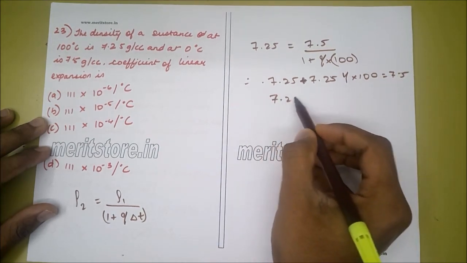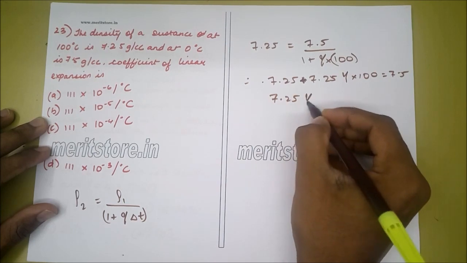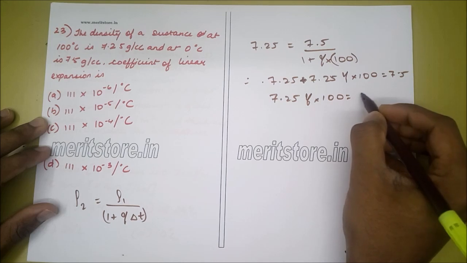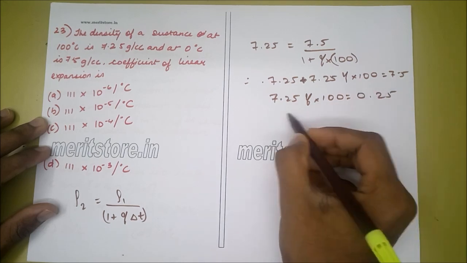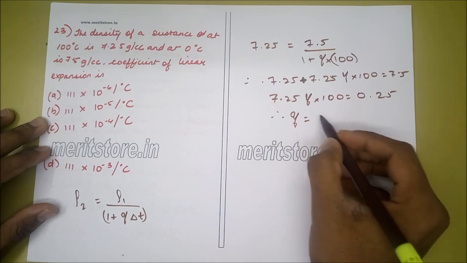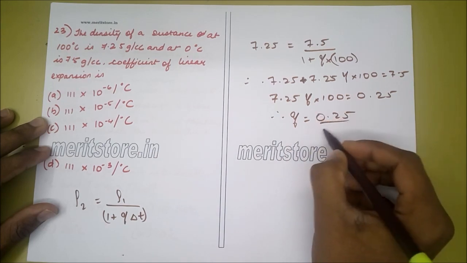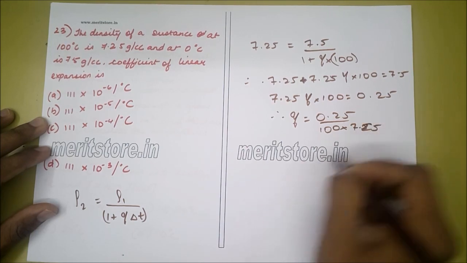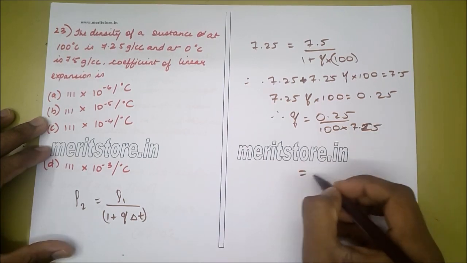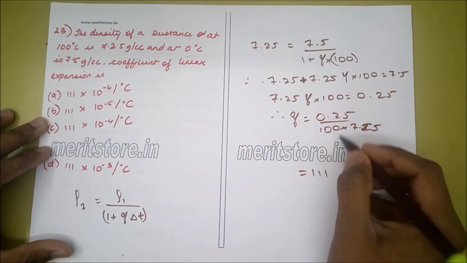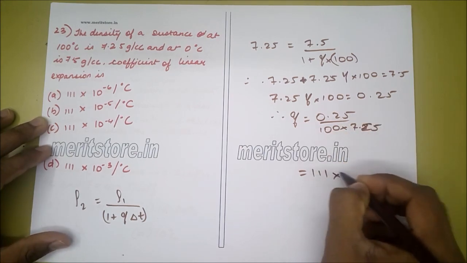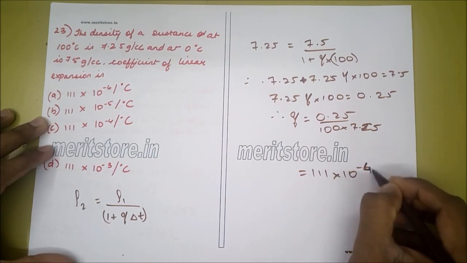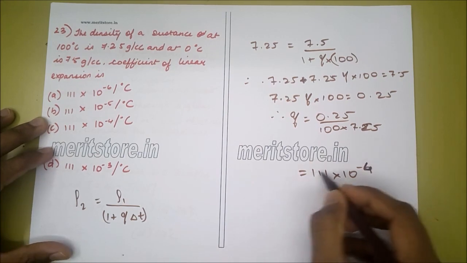So therefore 7.25 gamma into 100 is equal to 7.5 minus 7.25, which is 0.25. So gamma is equal to 0.25 upon 100 into 7.25. So this value comes around 111, and let's look at the powers. It comes to 10 raised to minus 4.